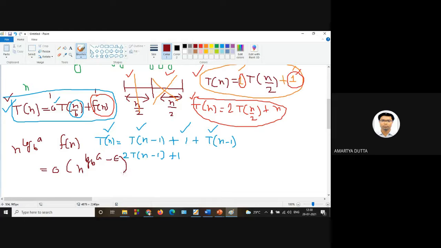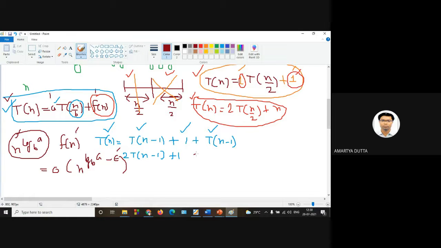We have to subtract something from n to the power log b base a so that we get f(n), since n to the power log b base a is higher, faster. So T(n) will be order of n to the power log b base a.